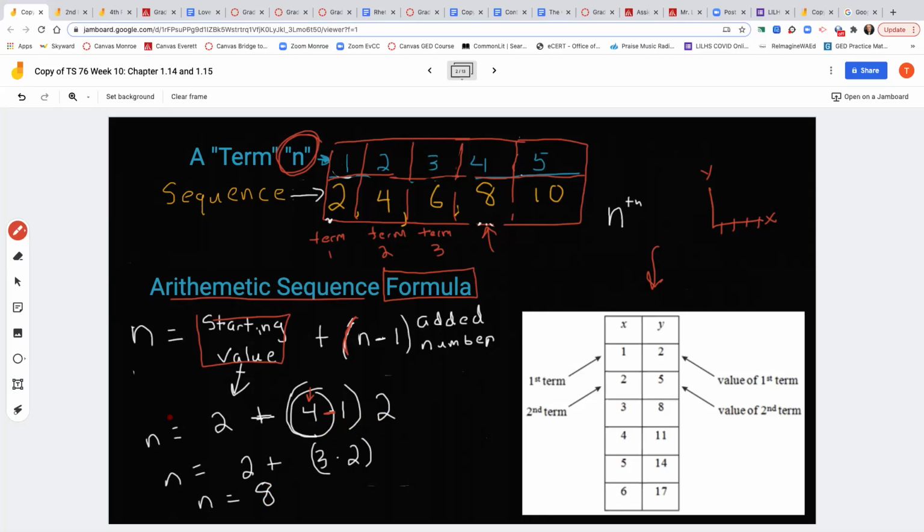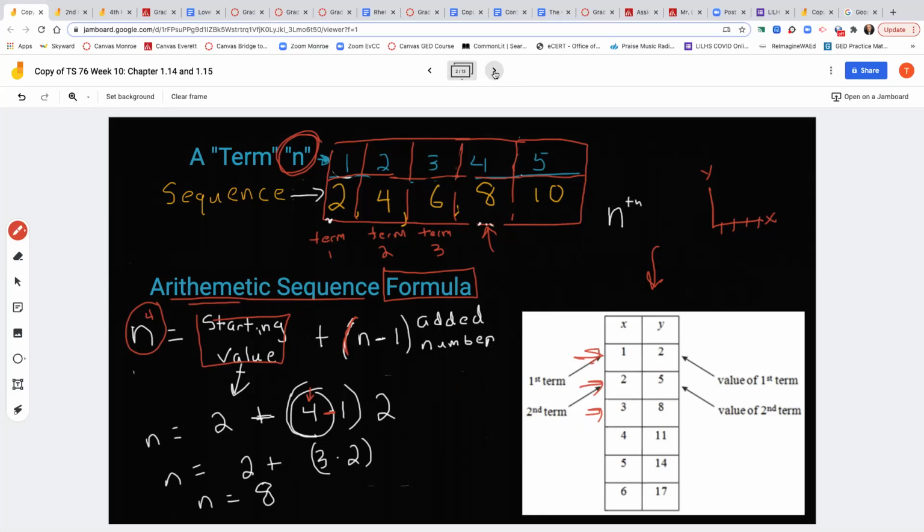This n, in this case, I'll call n4, term number 4, by applying that formula to it. And again, the n is which term we're talking about on this list of terms. Is it the first, second, third, fourth, etc.? That is the arithmetic sequence formula. Arithmetic sequence means we're adding the same number each time. It changes the same each time.